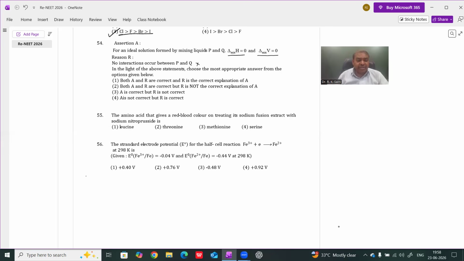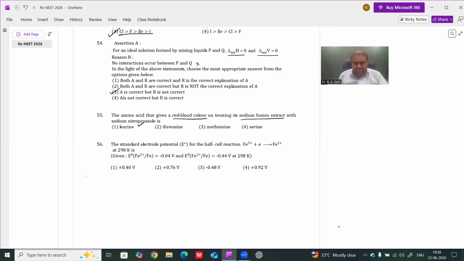Therefore, the second statement is correct. The second statement is incorrect and the first is correct. So A is correct and R is not correct. Third option. Question next. The amino acid that gives a blood red color when the sodium fusion extract is treated with sodium nitroprusside.